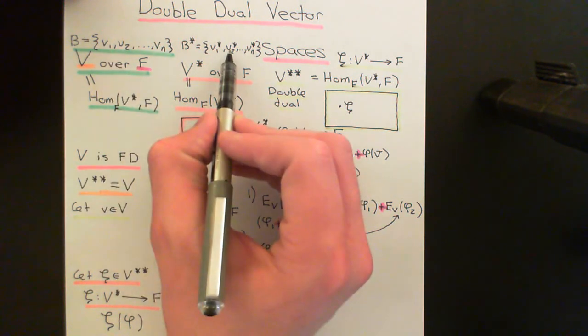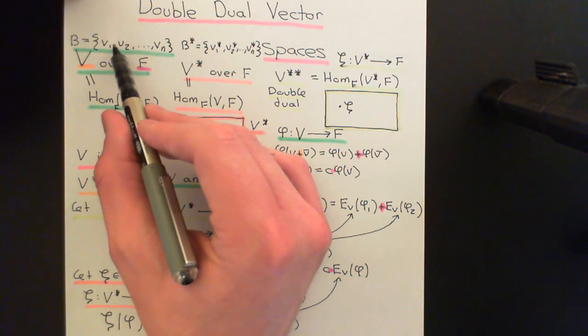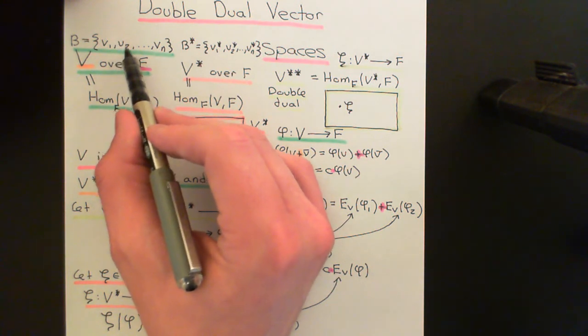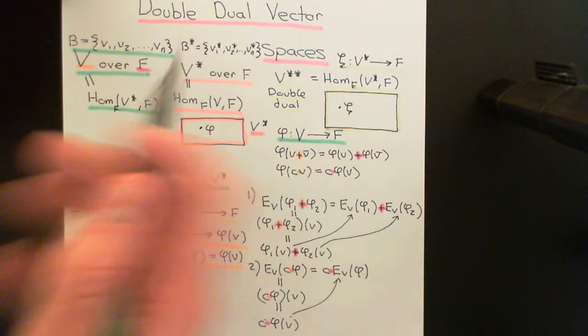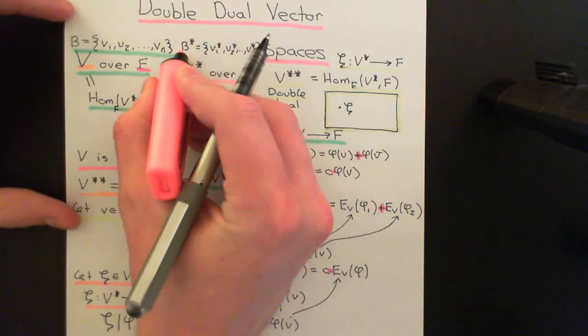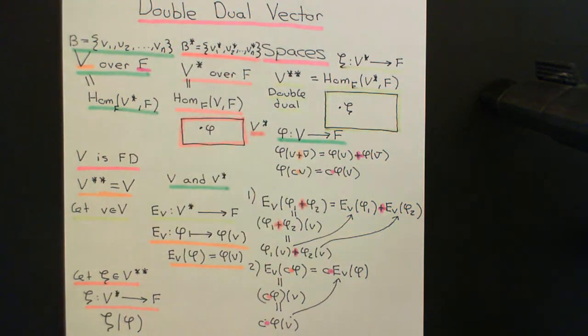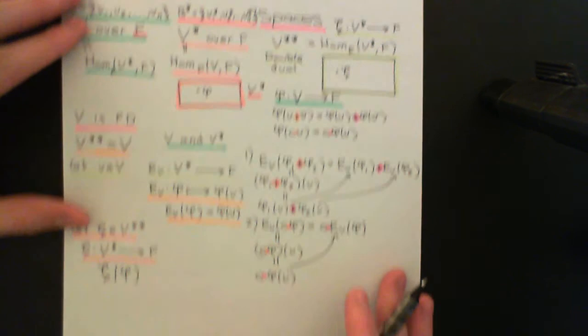V2 star would send any vector onto its second coordinate, the scalar coefficient in front of the second basis vector if we produced its linear combination in terms of the basis vectors. So that's how these dual basis vectors are defined in terms of the basis that we have on the initial vector space.